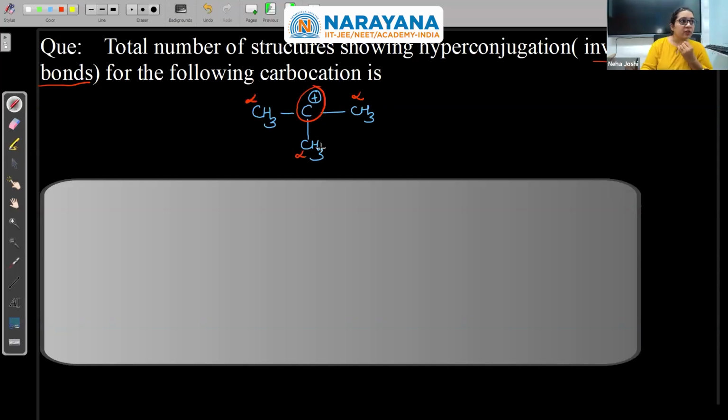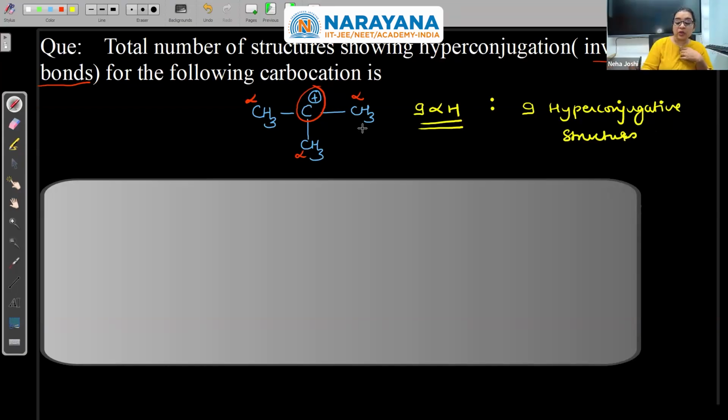Whether there is alpha hydrogen, excuse me, or alpha deuterium, both are participating in resonance. So I have 9 alpha hydrogens. So there will be 9 hyperconjugative structures.